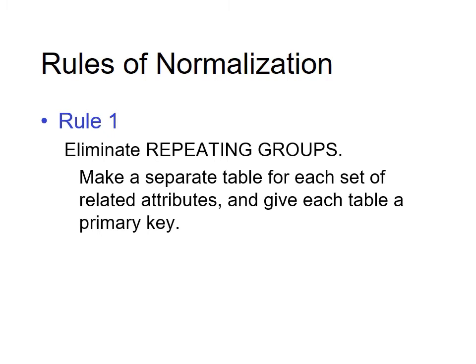So the first step here, and this is a process, right? There's a series of steps that go along with this. The first step is to eliminate what are known as repeating groups, to try to identify them.